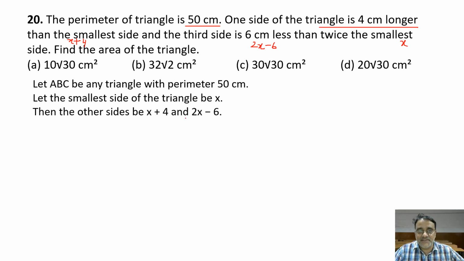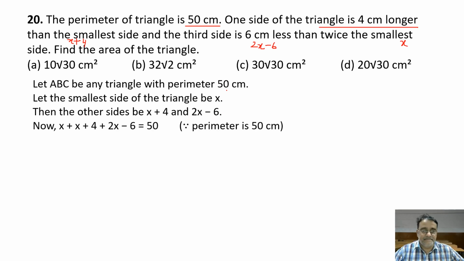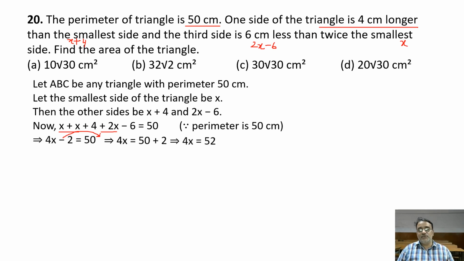And the perimeter is given 50. तो sum of all these three sides is equals to 50. अभी ये three sides कितना आ रहा है देखो, 2x plus 2x, 4x minus 2 is equals to 50. So minus 2 shift to this side, it will become plus 2. So 52, 4x is equals to 52. So what is the value of x? 13.